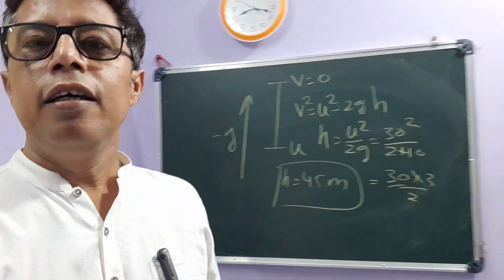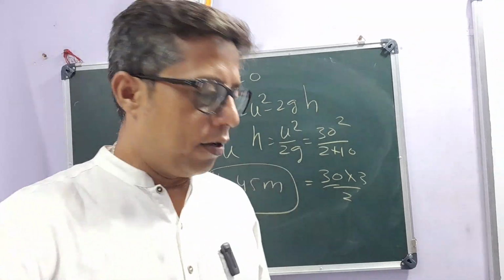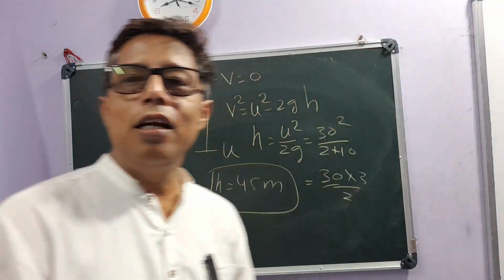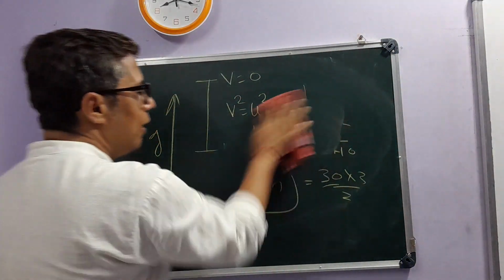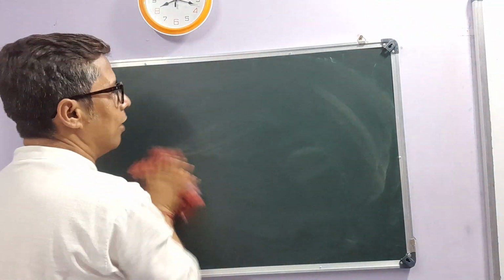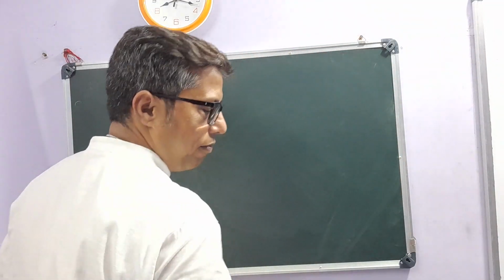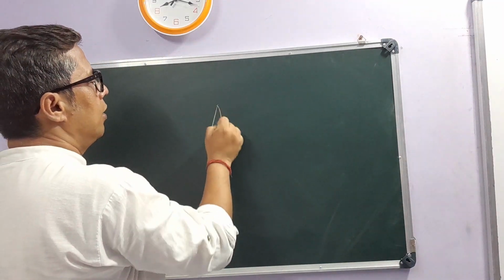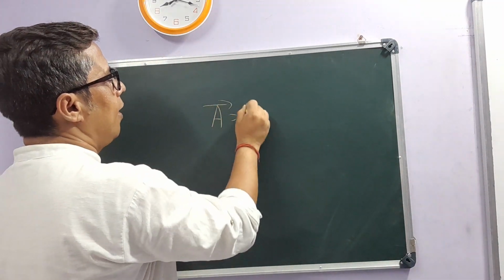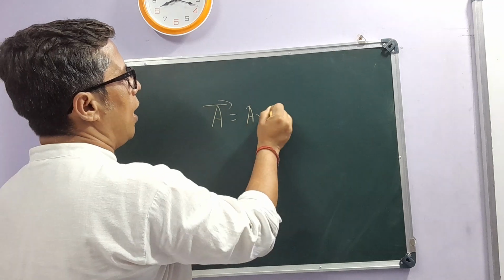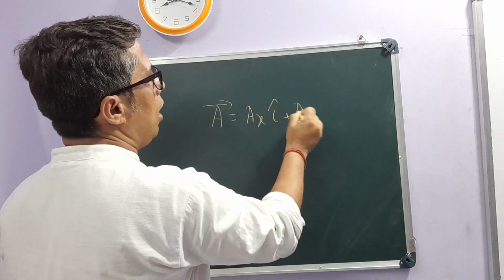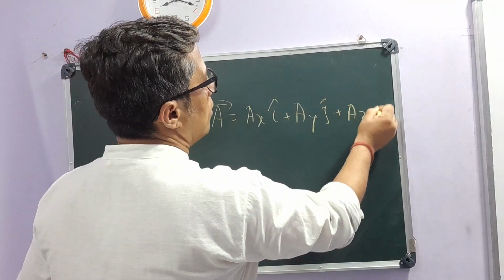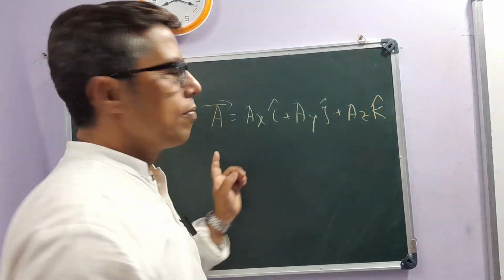Now let's say a 3D vector. Okay, it's not a true 3D, it's only a 3D vector, but yes, you'll get some 3D effect here. So how does a vector look? A vector means AX i cap, AY j cap and AZ k cap.